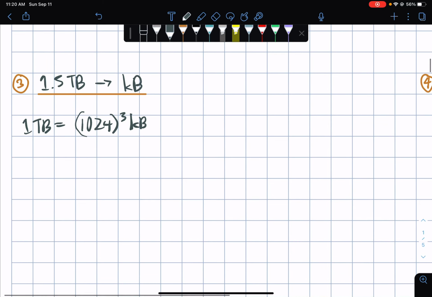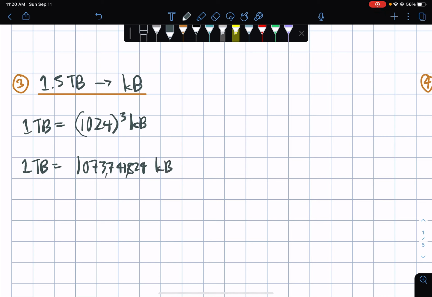Now, let's translate this form into an actual number. I'm just going to write the numbers first, excluding the commas. 1073741824 KB.